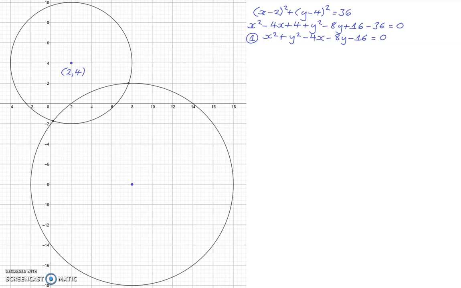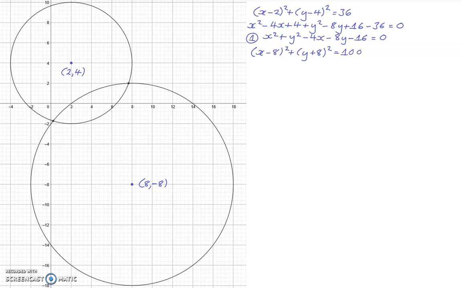And now similarly, looking at the larger circle, whose centre has coordinates of 8, minus 8, and the radius is going to be from 8 to -2, so that's 10 units. So for the larger circle we have equals 10 squared, 100.